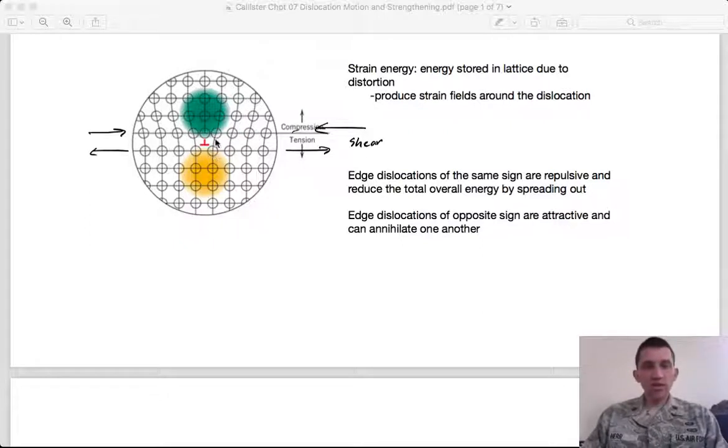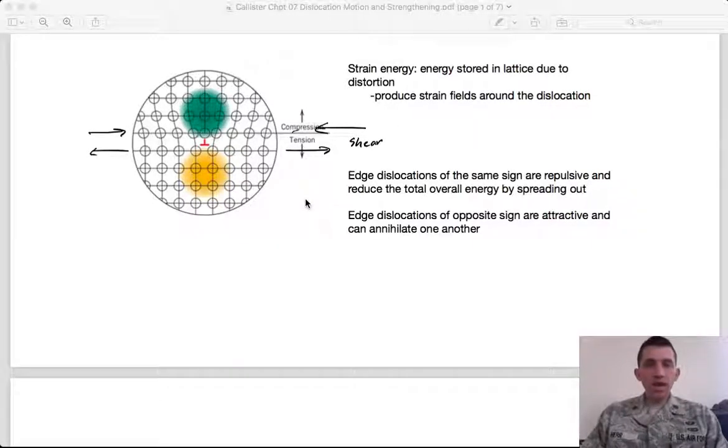But if you try to then jam another dislocation into the same area, now you're pushing it even further up that energy curve, and it would be lower energy to just put this dislocation someplace else in the crystal structure. And so by nature, the dislocations are repulsive. They're going to spread out to try to reduce the total energy.